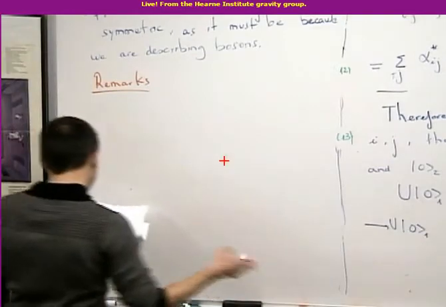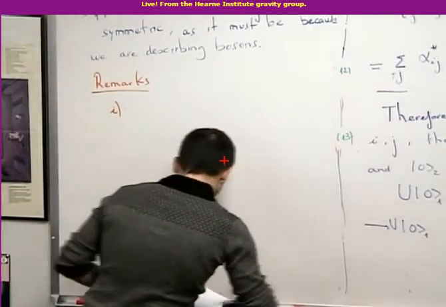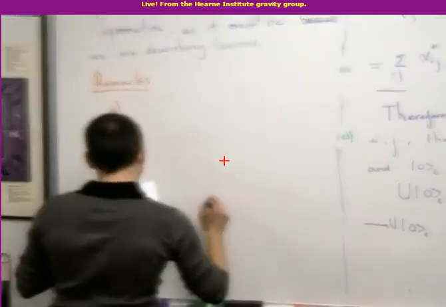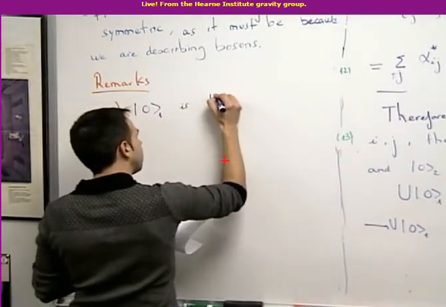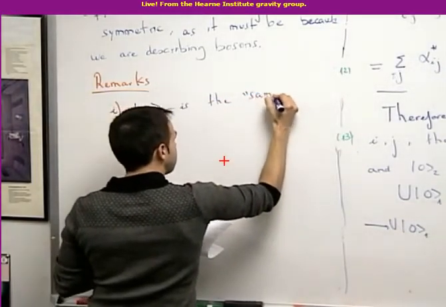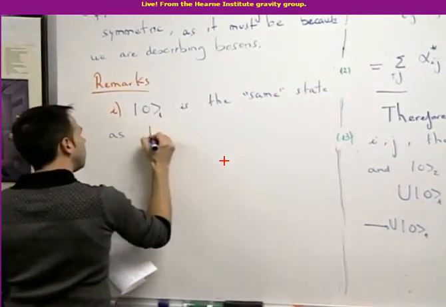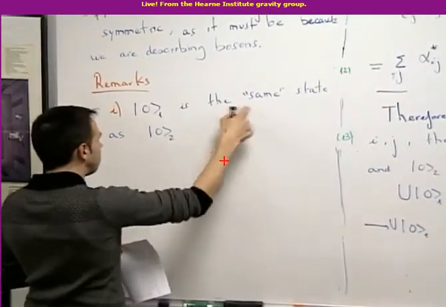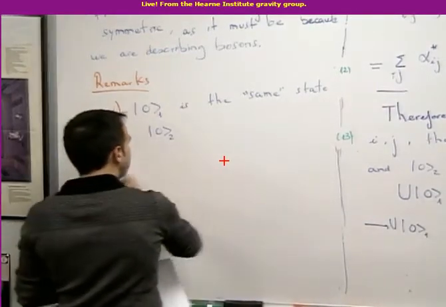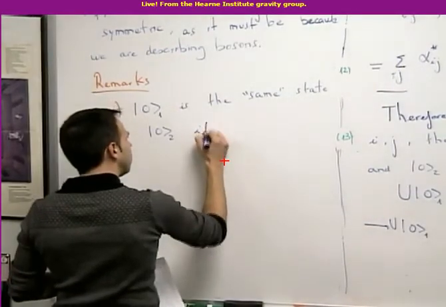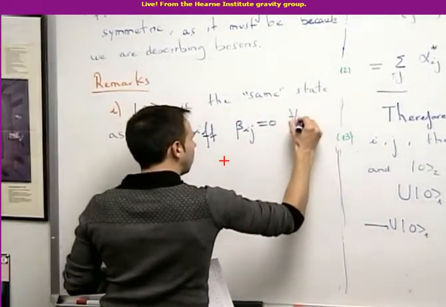So remark 1 is something that you know, that the state 1 is the same state as the vacuum 2. I put same because U1 is what is really the same, if and only if beta ij is 0 for all ij.